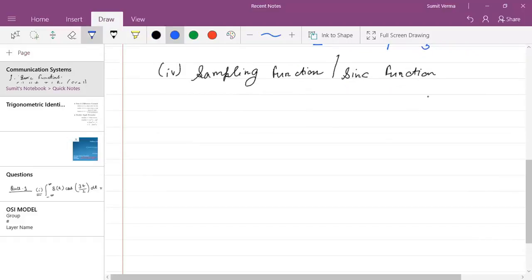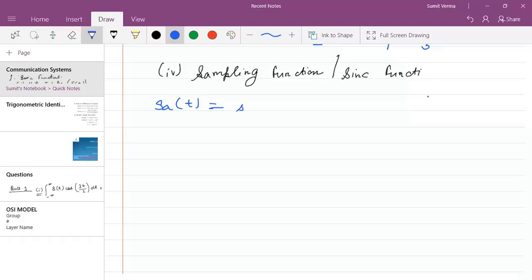The sampling function, let's say Sa(t), would be defined as sin t by t. The sinc function is just a modification of the sampling function, with a multiplication factor of pi. So sinc t is sin(pi t) by (pi t).